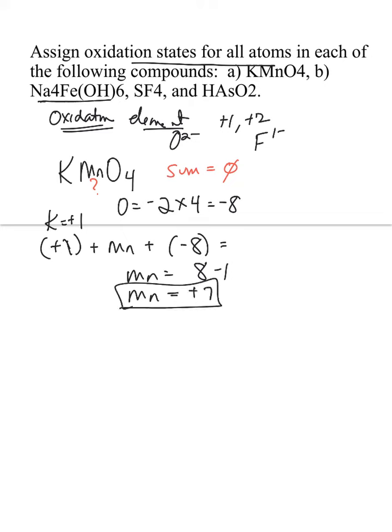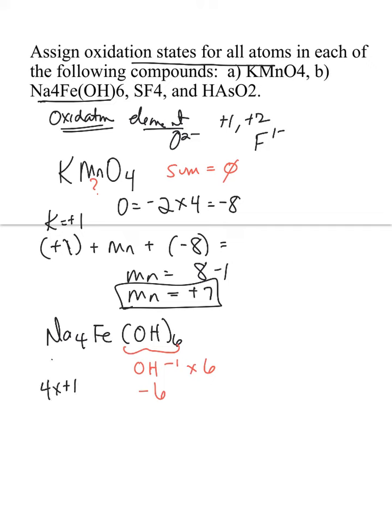Okay, the next compound is Na4Fe(OH)6. And here you can just keep your hydroxide together if you want. So OH is -1, and there's 6 of them, so it's -6. Here you have 4 times +1 for sodium, so that's +4.